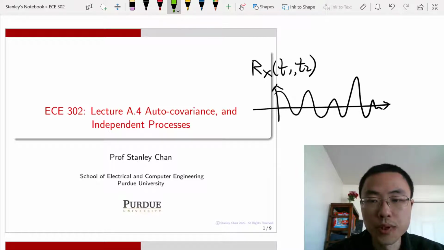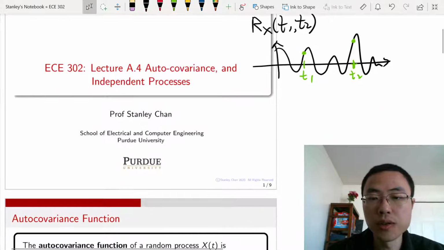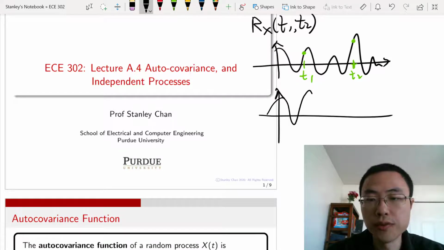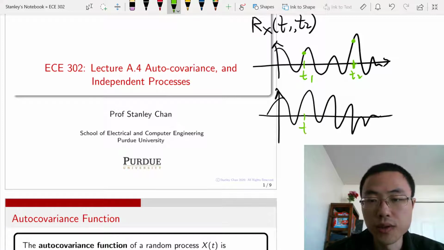For example, if I have t1 here and t2 here, I'm looking at the random variable at t1 compared to the random variable at t2. These two are random variables because you have random realizations of the same random process. Like this one, you also have t1 and t2, and then you have different values.